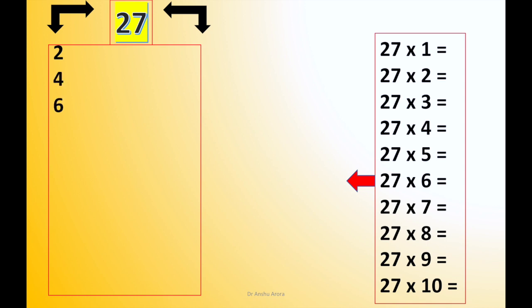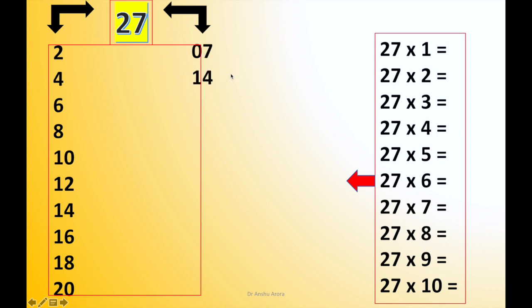All you have to do is write the table of 2 on one side because 2 is on the tens place and table of 7 on the other side. Once the whole table is written, this is how it will appear. You can see the unit digit of the units place table.